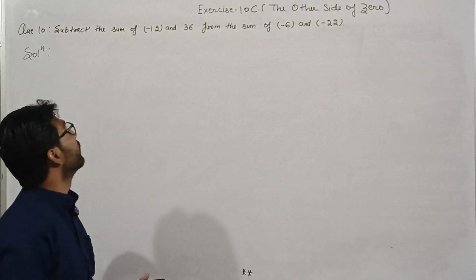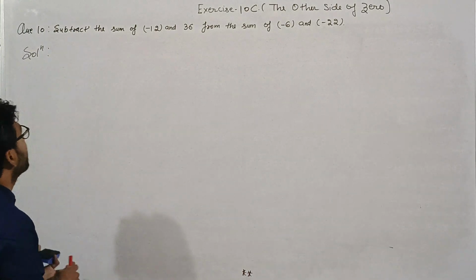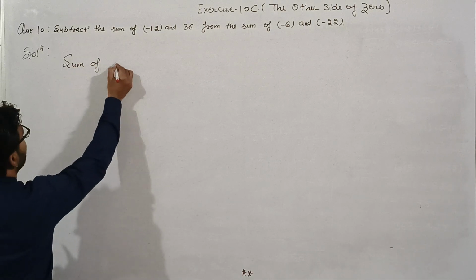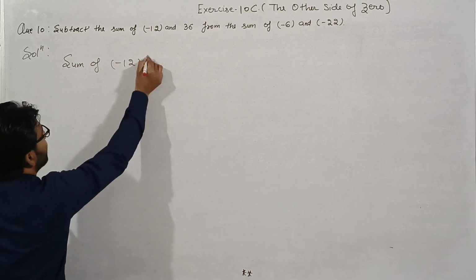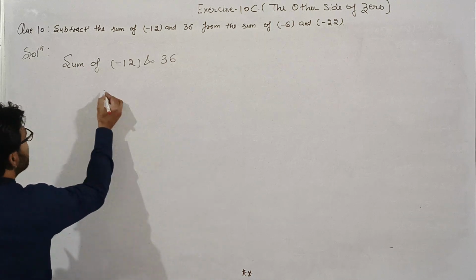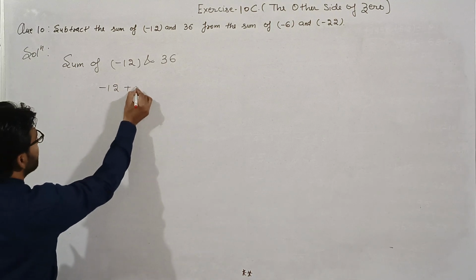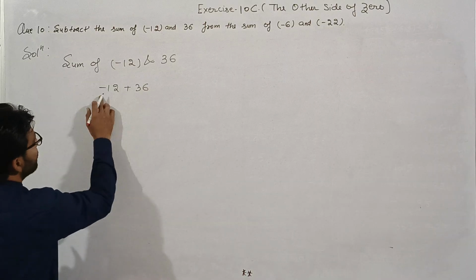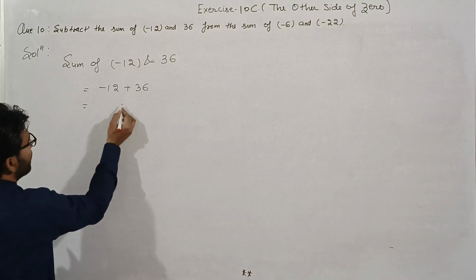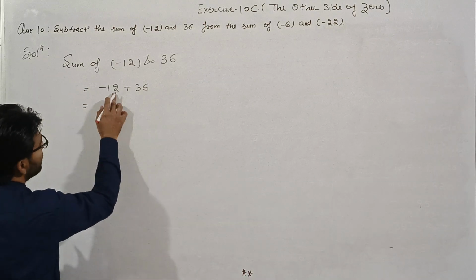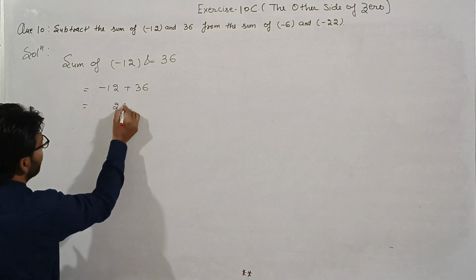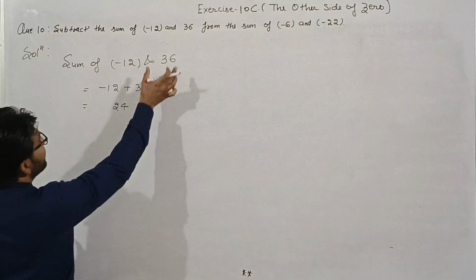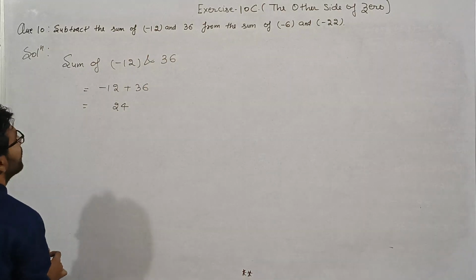First we need to find the sum of minus 12 and 36, so minus 12 plus 36. Sum means add. Plus minus minus, so 36 minus 12 is 24. Here 36 is greater, so we get 24.